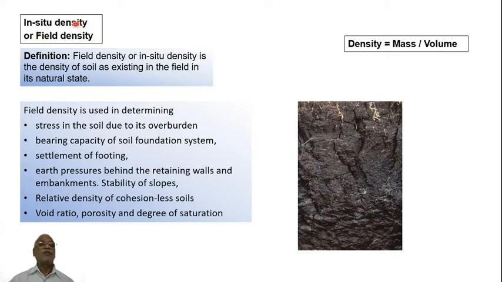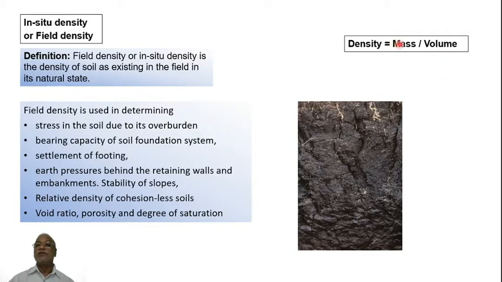First of all, what is meant by density? Density is a ratio of mass to volume, or it can also be told as mass per unit volume. Mass is measured in kg, so density is measured in kg per meter cube.